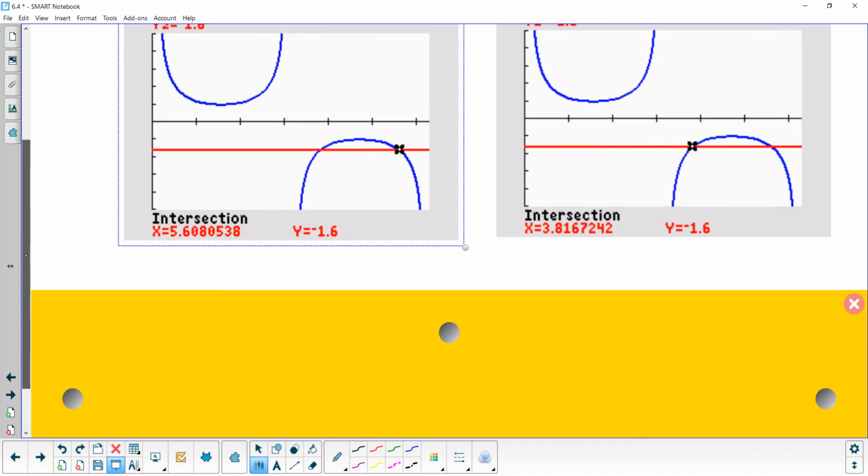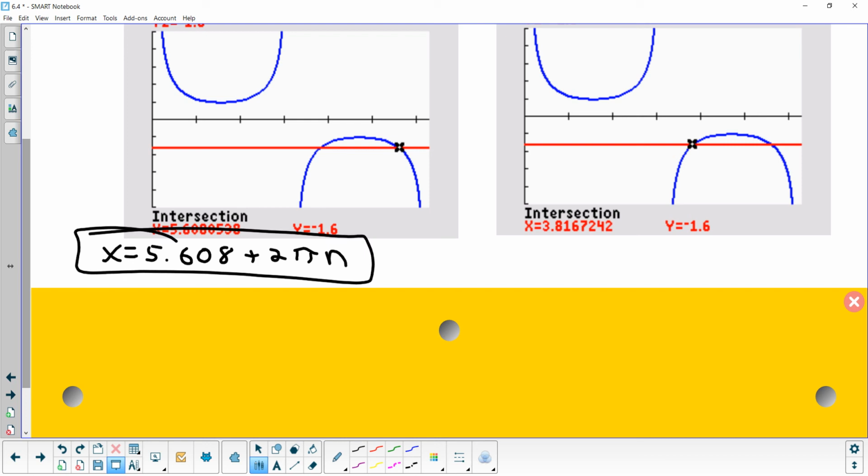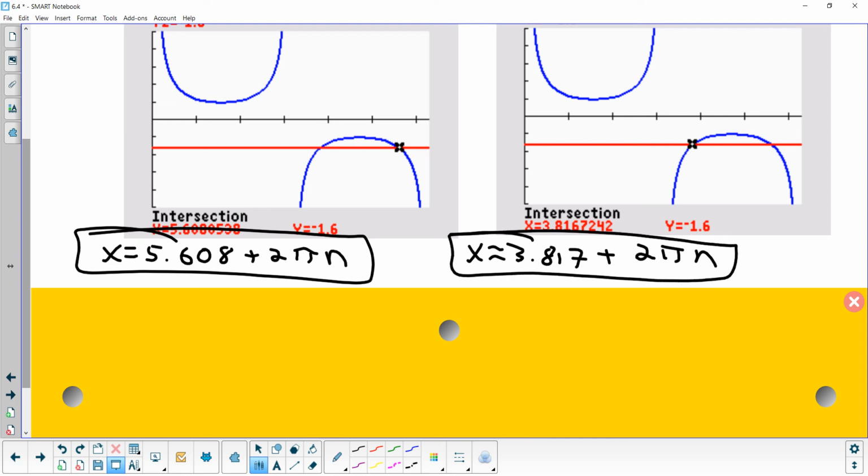So my answers are going to be 5.608 plus 2 pi n and 3.817 plus 2 pi n. Technically, that should be approximate, not exact. And that's it. That's how you find your answers.